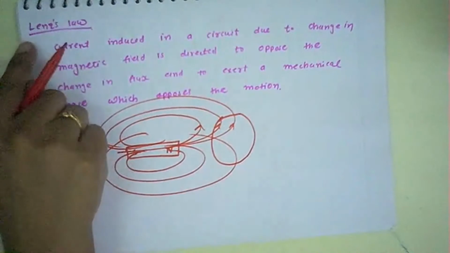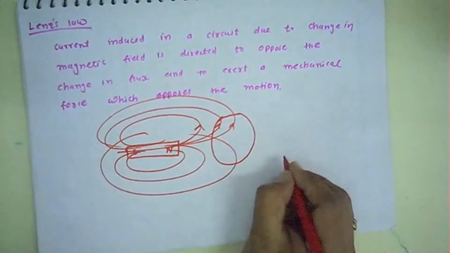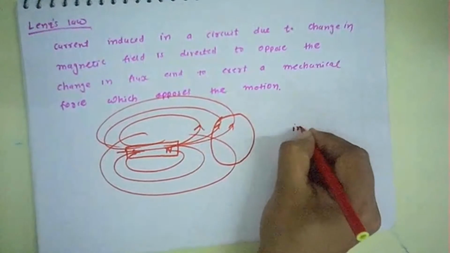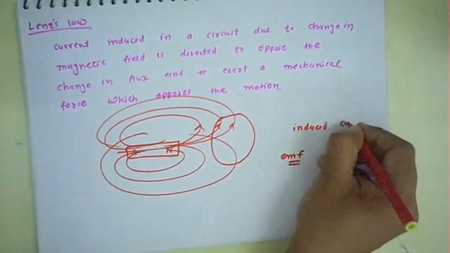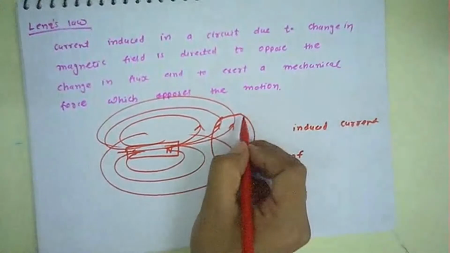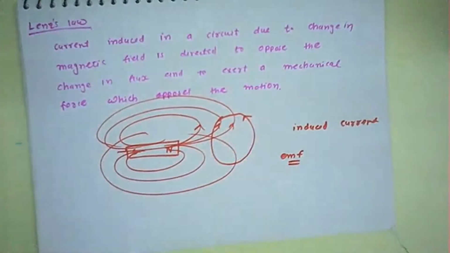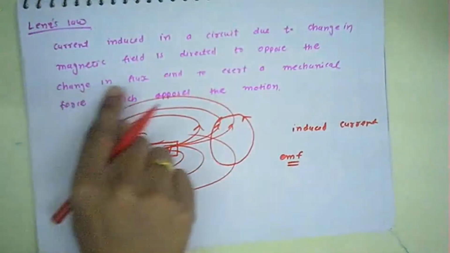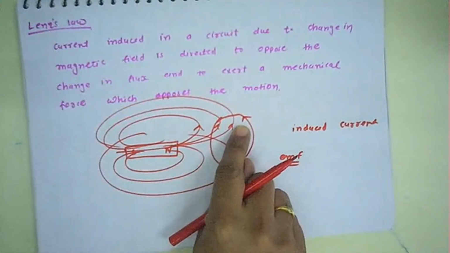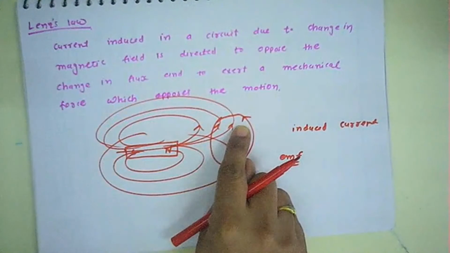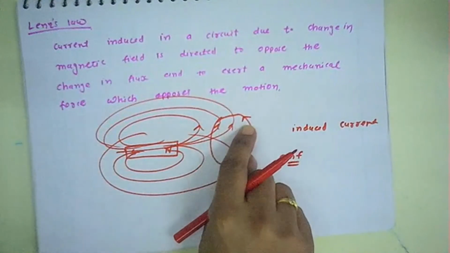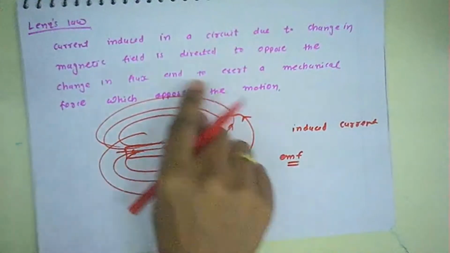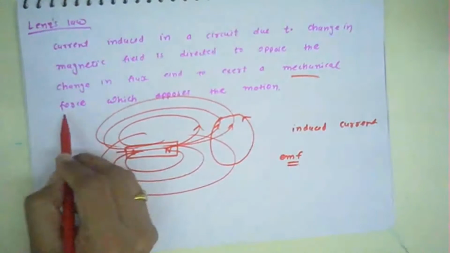But as per Lenz's law, apart from the electromotive force, we have the induced current flowing in this loop. It opposes the change in the flux. So this current would flow in a direction in such a way that it would oppose the change in the flux lines, by exerting a mechanical force.